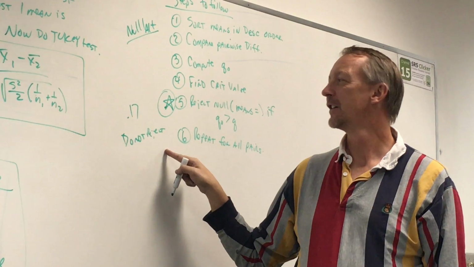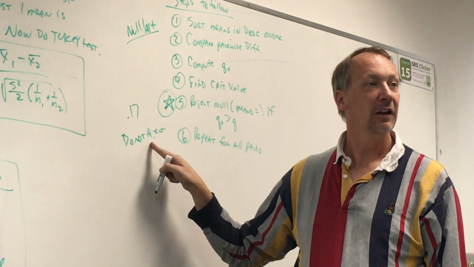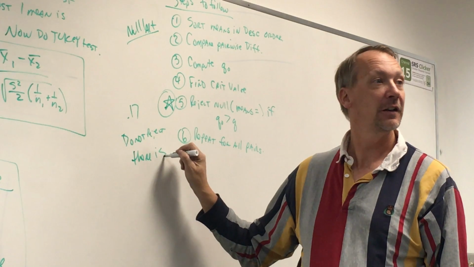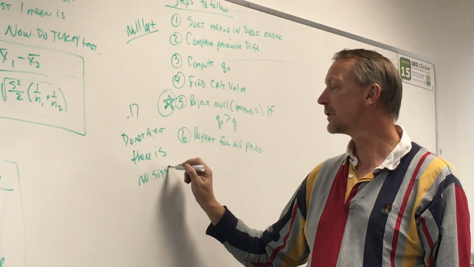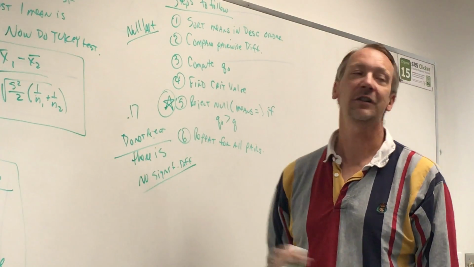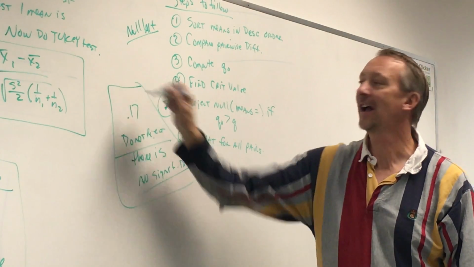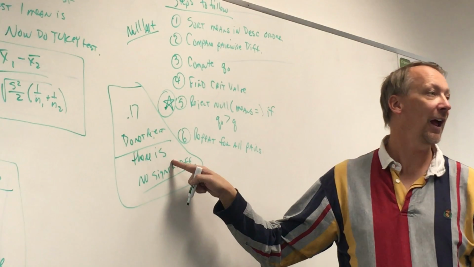Okay? So do not reject in this case means there is no significant difference. Okay? So if you are still struggling with translating that, which I know is hard, practice that.